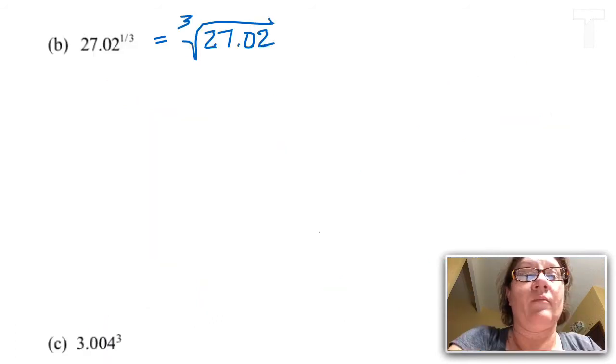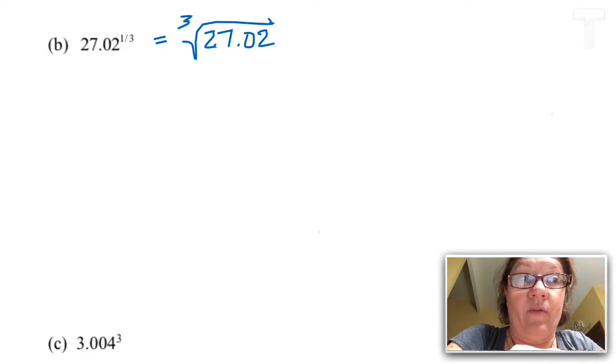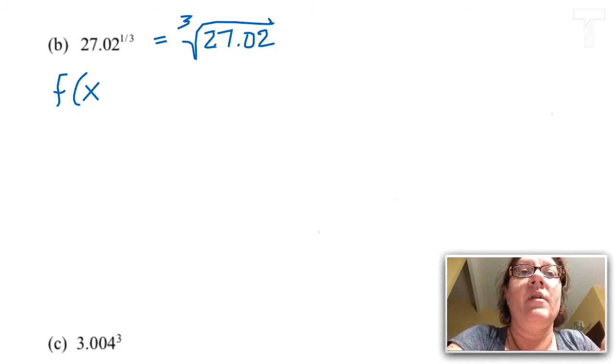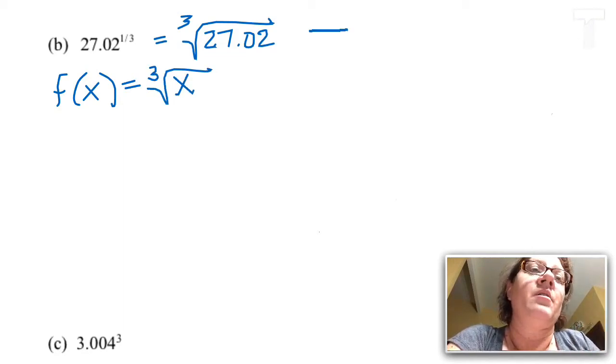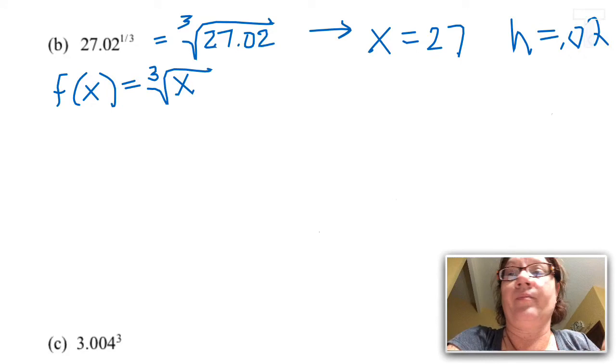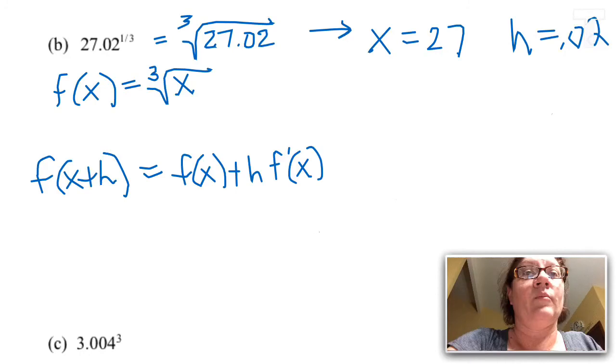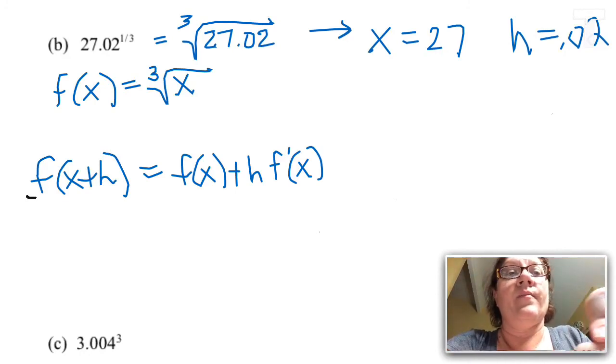Let's try another one. So on this next one, I'm cube rooting, and I don't happen to know the cube root of 27.02 off the top of my head, but I do happen to know a value that's very close. So we're going to say that this is the cube root function, and that x is 27, and the amount I'm moving away from x is 0.02. I'll call that h. And so now I know that f of x plus h is this formula.